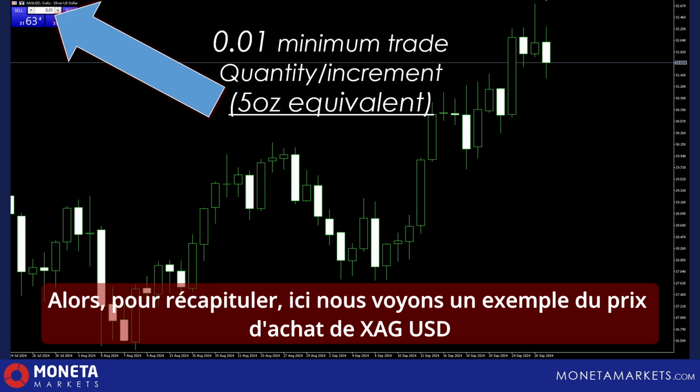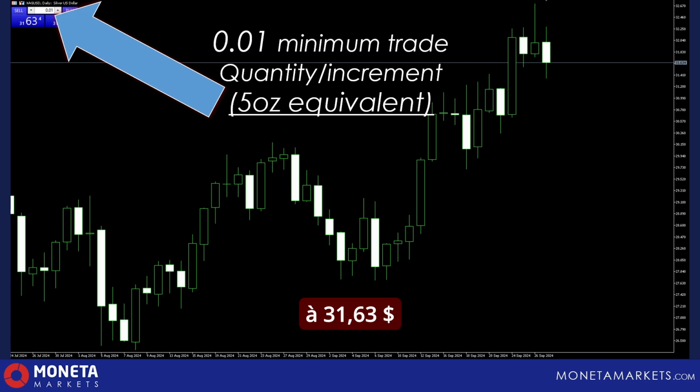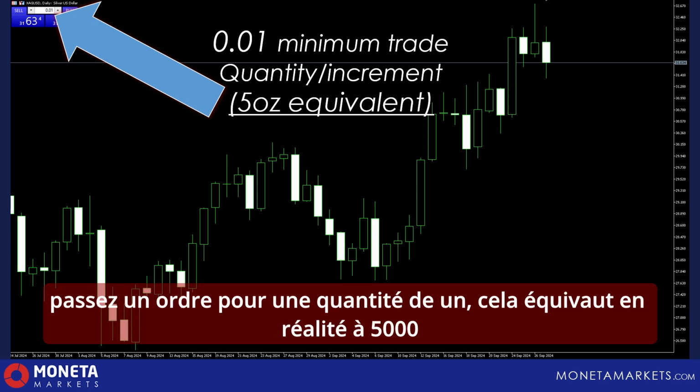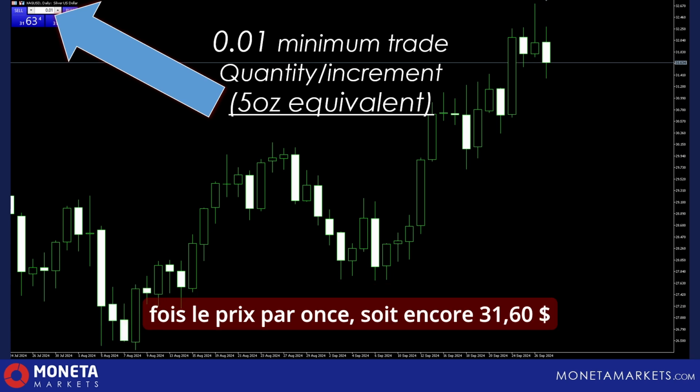So just to recap here we see an example of the bid price on XAG USD being $31.634 US. Your minimum trade size is 0.01. If you were to enter an order for a quantity of 1, that would actually be 5,000 times the per ounce price, again of $31.634.